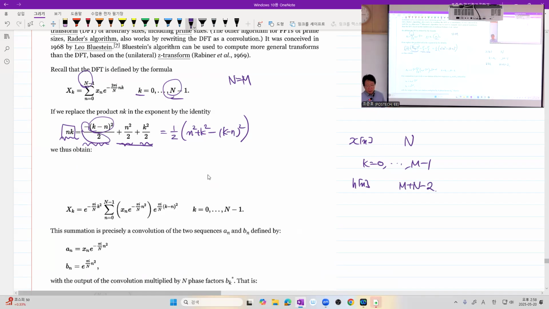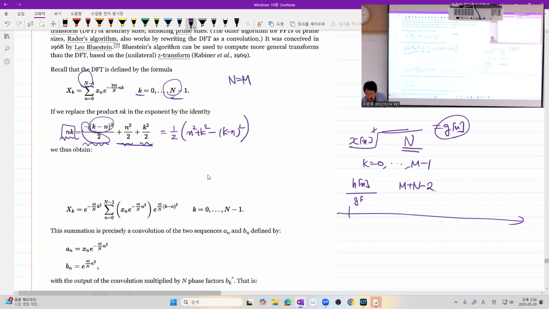So in order to convolve H with G, after you multiply some sequence to convert X to G, right? Still, this signal G is of length N. So you have some G that ranges from 0 to N minus 1. And you have H of n that starts from, am I correct? M minus 1 to N minus 1.